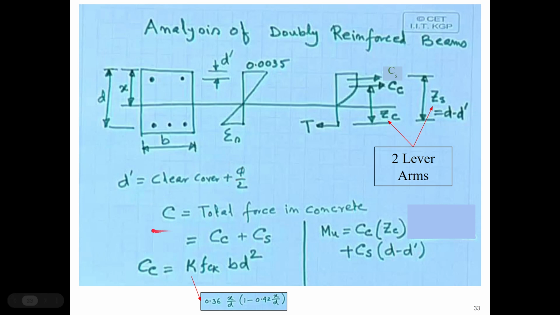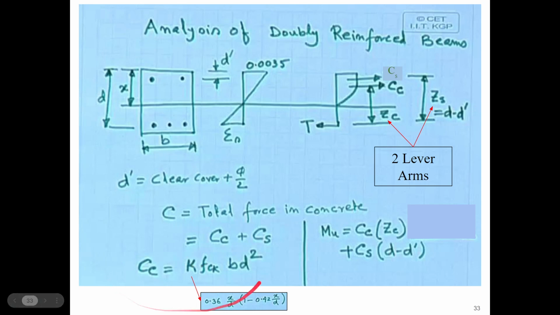So C is equal to the total force in concrete, which is equal to Cc plus Cs. Cc we discussed at the start: it is K fck b d square, right? So this is 0.36 x by d into 1 minus 0.42 x by d, and for the limiting condition this value comes to be 0.138 for Fe415, 0.133 for Fe500, and 0.149 for Fe250.